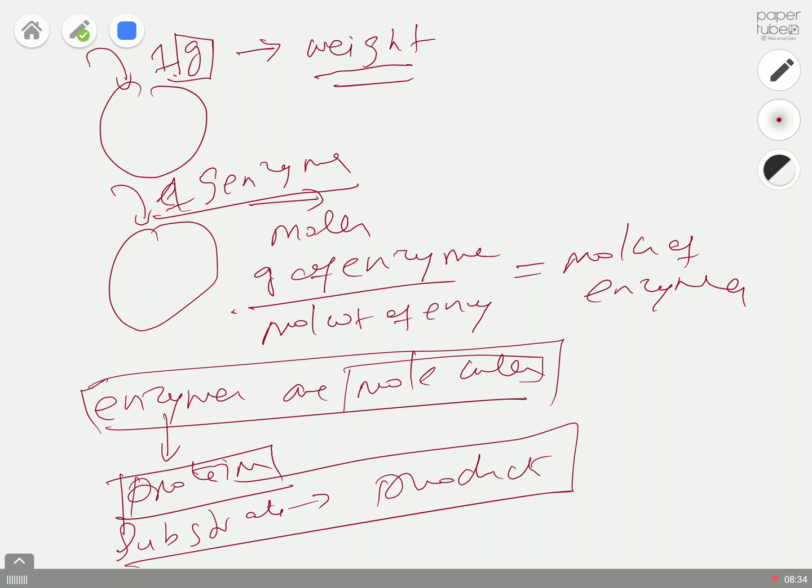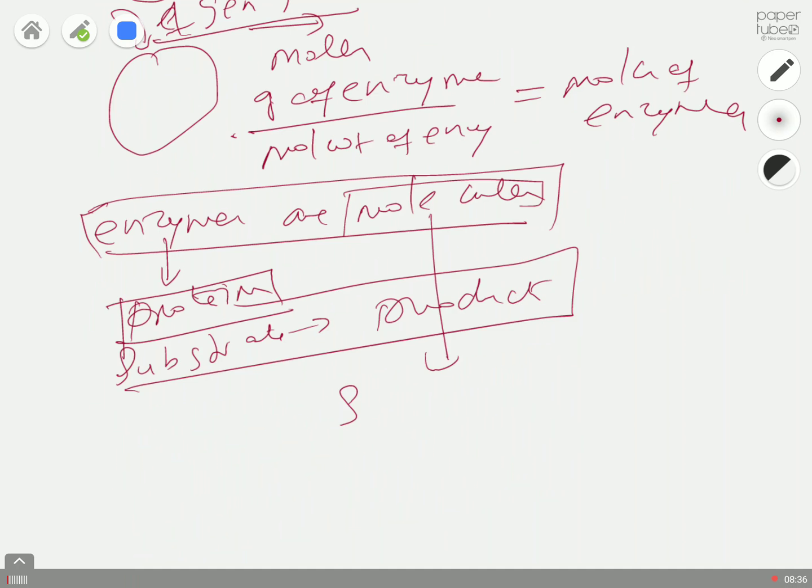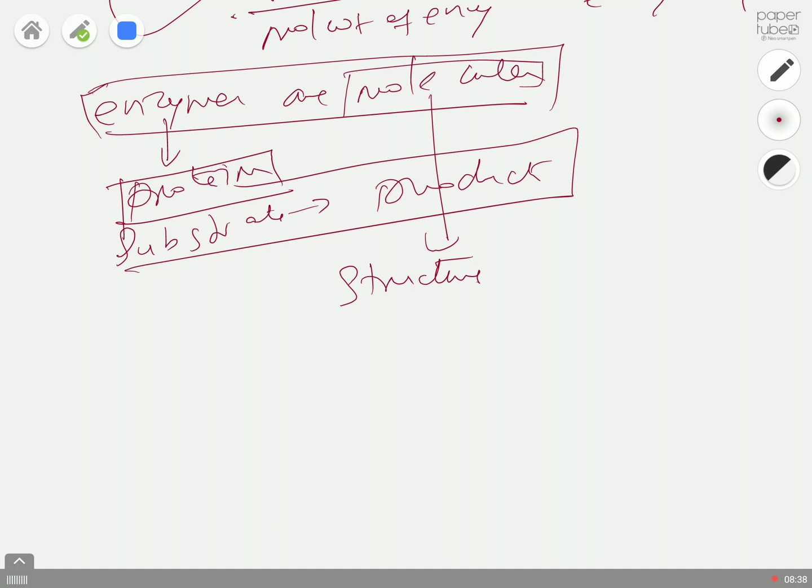Enzymes are molecules, which means they have a definite structure, or you can call it molecular structure. They have many atoms. All these atoms combine to form big molecules, and these are not small molecules.